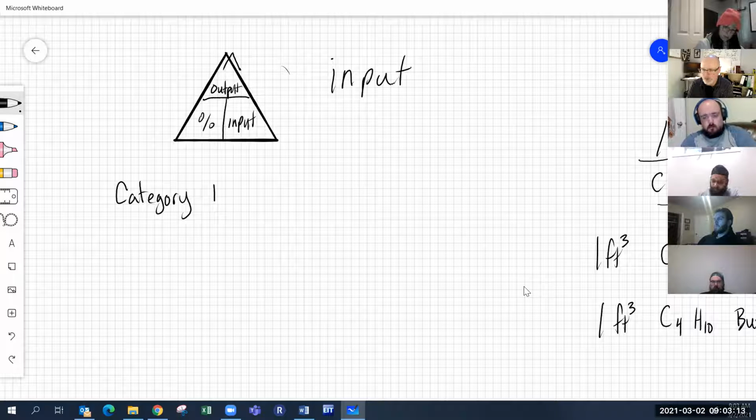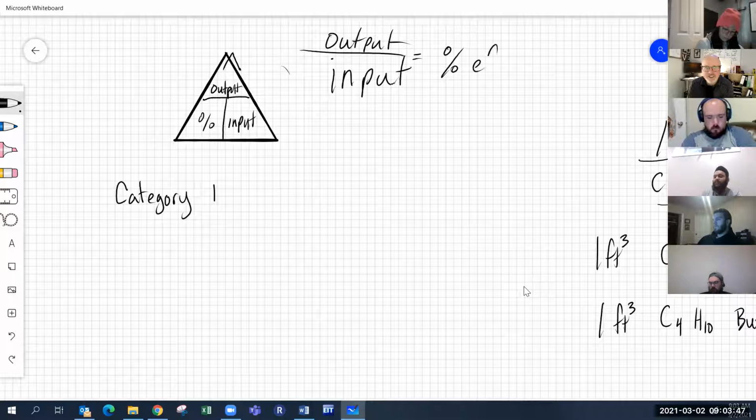This is where appliances are buoyancy vented, meaning they have a vent tied to the outdoors, and through difference in air densities that makes the motive force inside a vent take away the products of combustion. So output over input would equal percent efficiency.